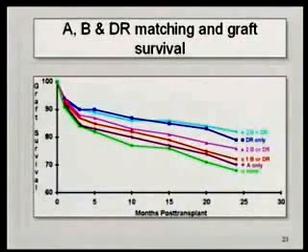Okay, so the DR is the most important. As you can see, the survival is the highest. And after that, the more the matches, the better they are. A haploidentical sibling is often a good donor if there's a DR match.